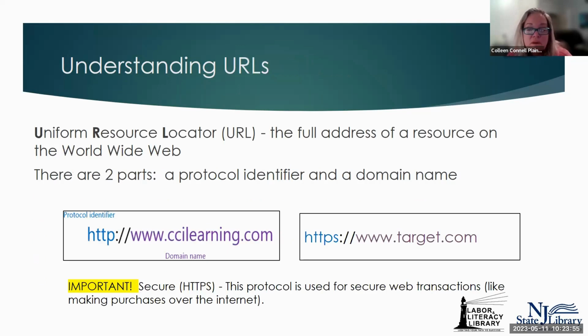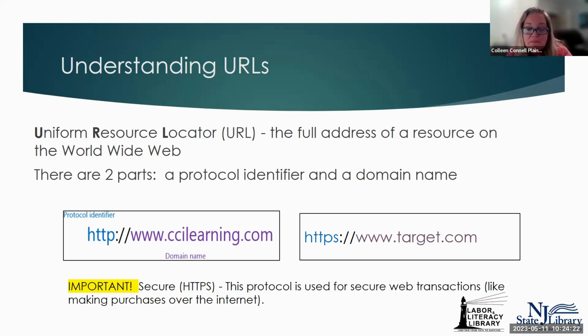So while you can often type the domain name in a web browser to get access to the website, the entire web address is called the URL, which stands for Uniform Resource Locator. The entire URL consists of two parts: a protocol identifier, which is the first part, and then the domain name.